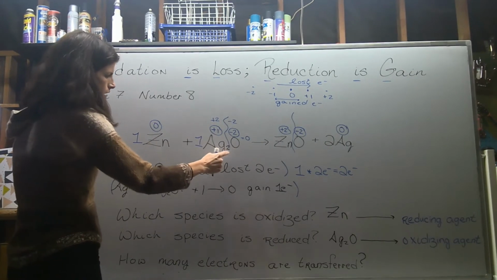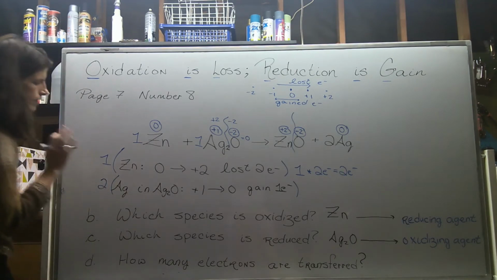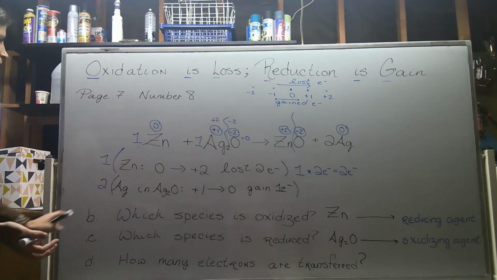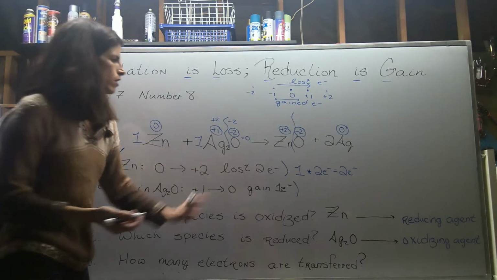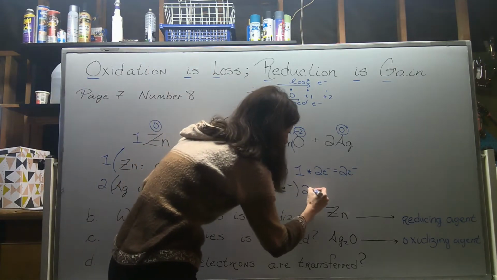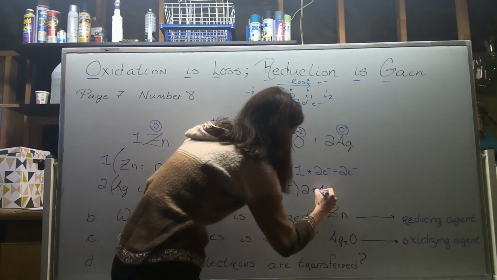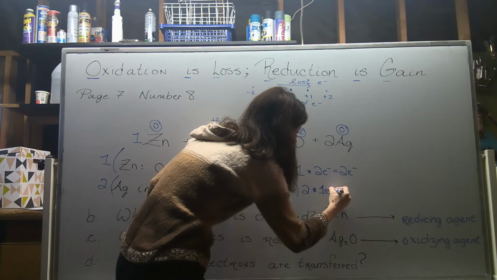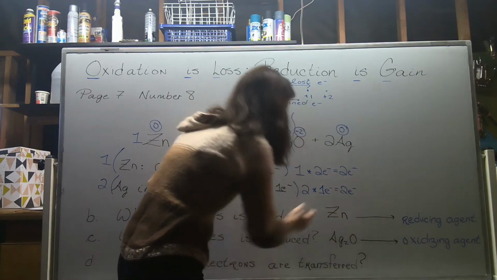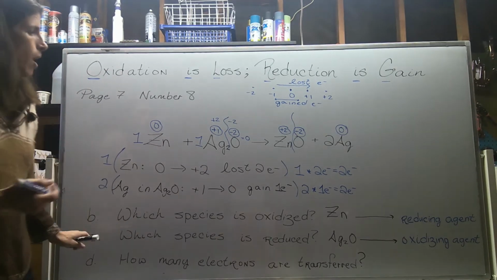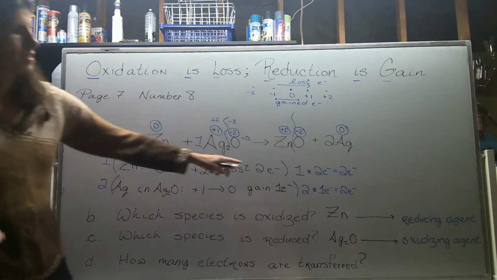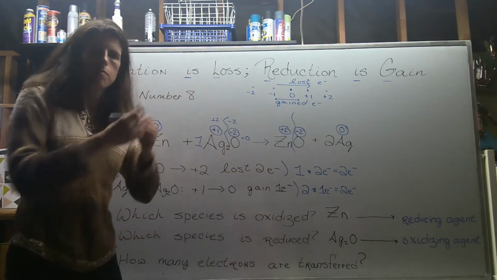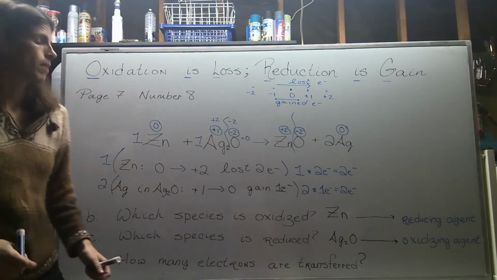So I want to think of silver as being twice as much. So even though it gained 1 electron, there's 2 silver, and they each gained 1 electron, so there I have 2 electrons. These numbers, when you start doing this analysis, they need to match. The amount lost has to equal the amount gained.